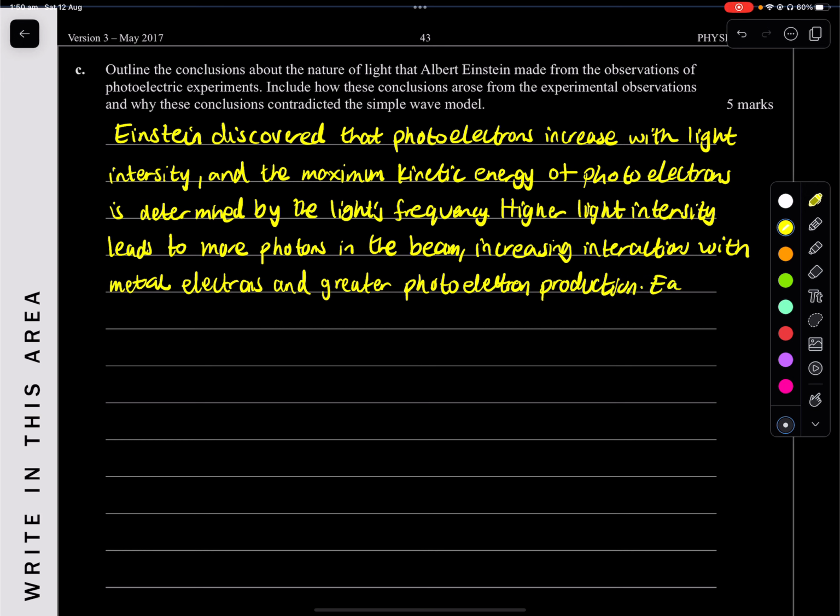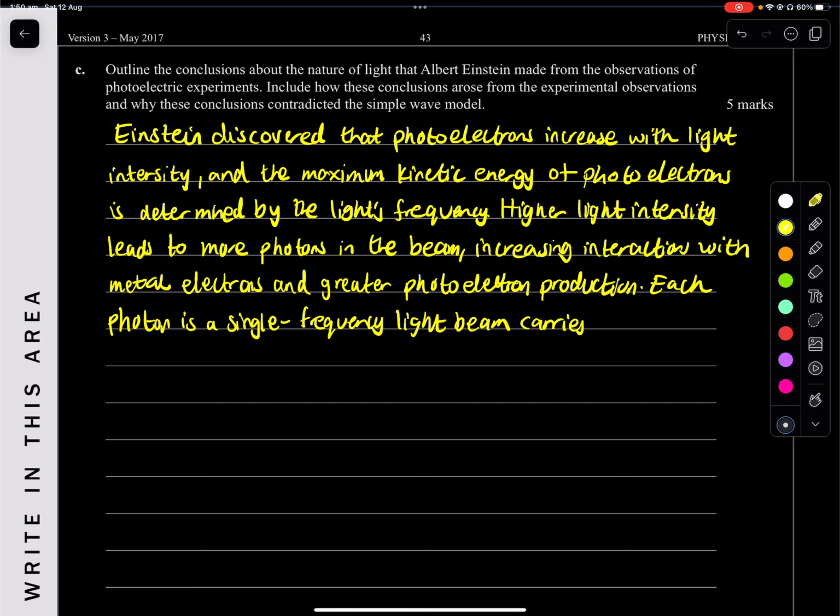Each photon in a single frequency light beam carries a fixed amount of energy.